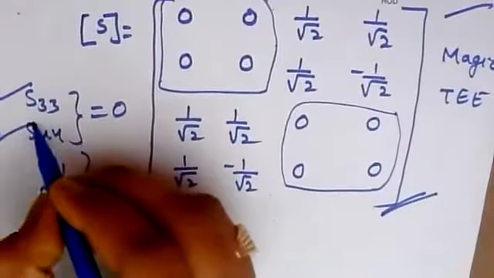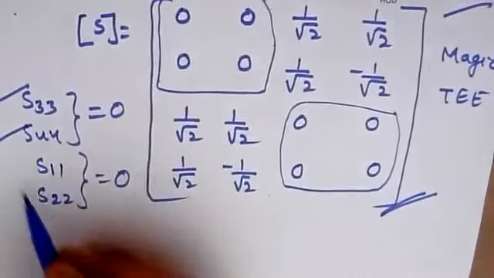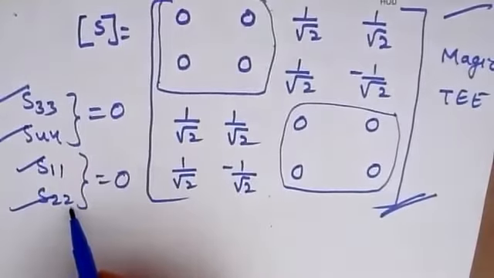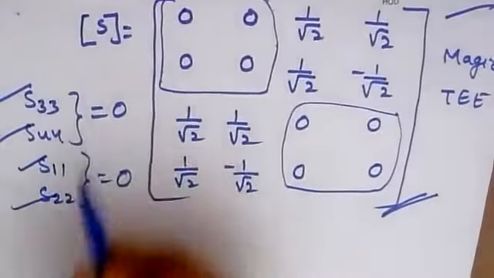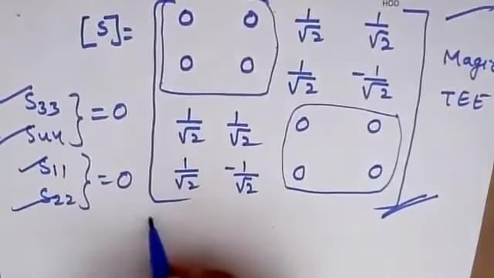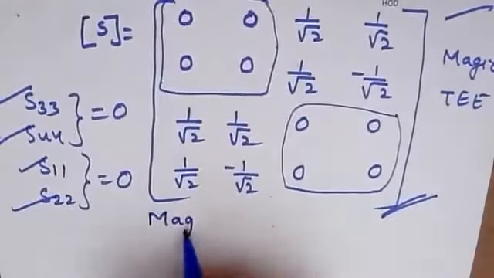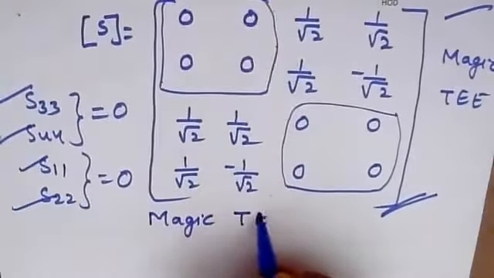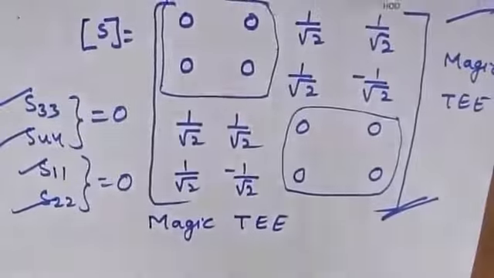So when these two are perfectly matched, automatically the other two ports are also perfectly matched, which justifies it as a magic T. This is the reason why it is said to be a magic T.